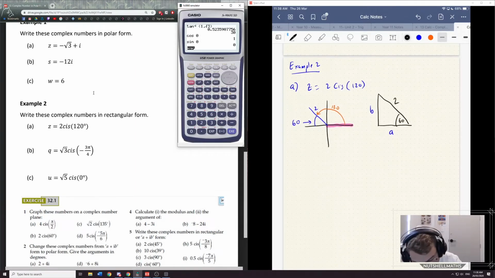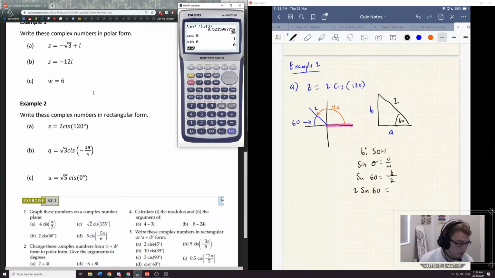Let's do b first. We've got O and we've got H, so we're going to use SOH. Sine theta is O over H. I know I'm taking lots of steps in this one. I'm going to speed it up in the next one. 2 sine 60.